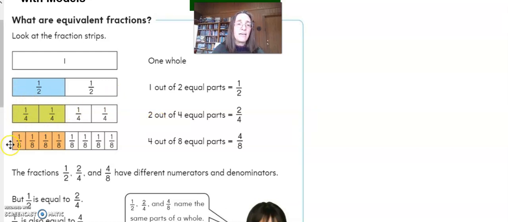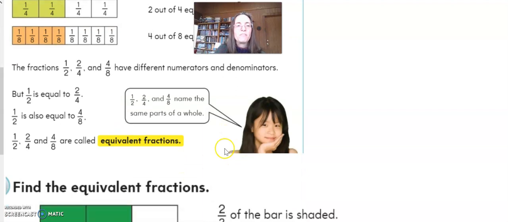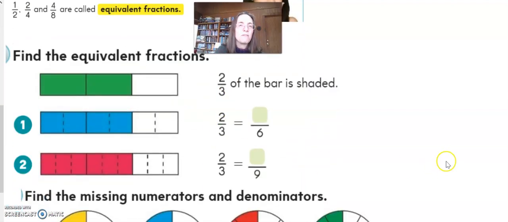And if we do it again and multiply our numbers of pieces, or our numbers of cuts, we find that 4/8 is also equal to that. And it makes sense, because 1 is half of 2, 2 is half of 4, and 4 is half of 8. So being able to find those equivalent fractions, super important.